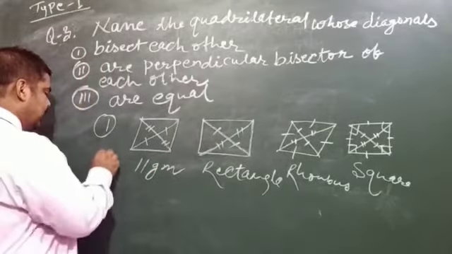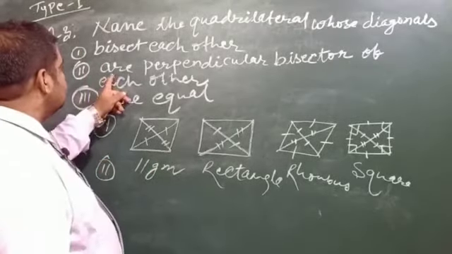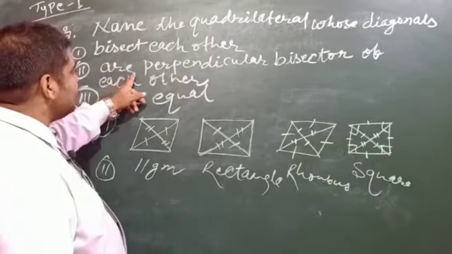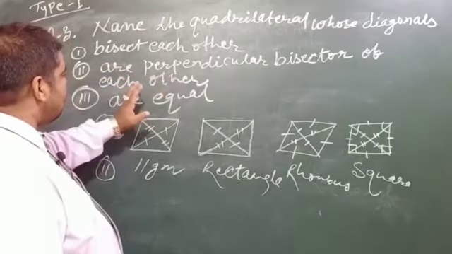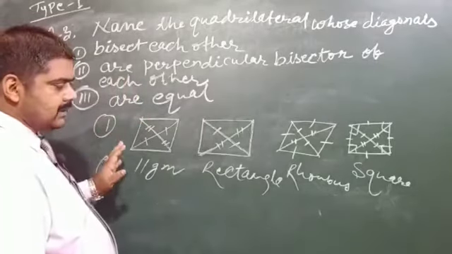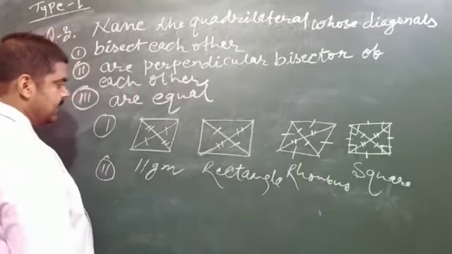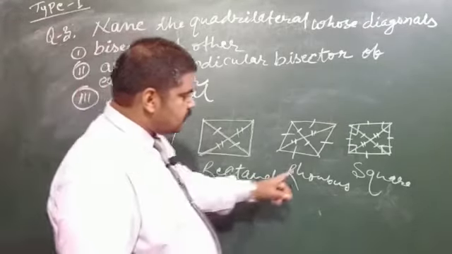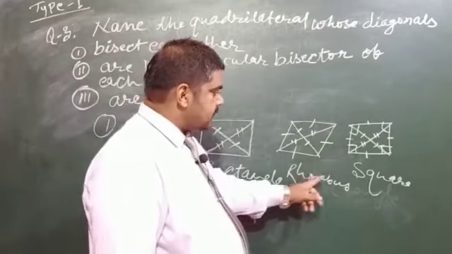The second one is: name the quadrilateral whose diagonals are perpendicular bisectors of each other. In this case, two options you can use: rhombus and square.